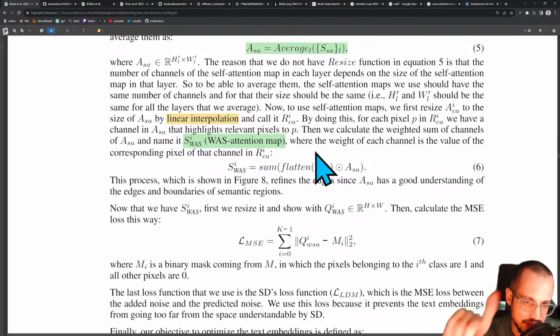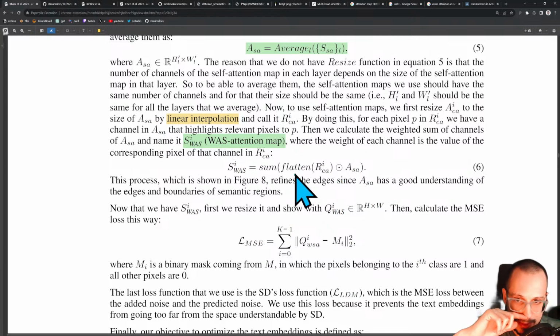So they resize the cross-attention, flatten it, and then element-wise multiply by the self-attention, sum those all up, and that's what they're calling the WAS attention map. So it's kind of this big hodgepodge of resizes and flattenings, but at the end of the day, all of the information is coming from the self-attention and the cross-attention maps of the UNet inside the latent diffusion model.